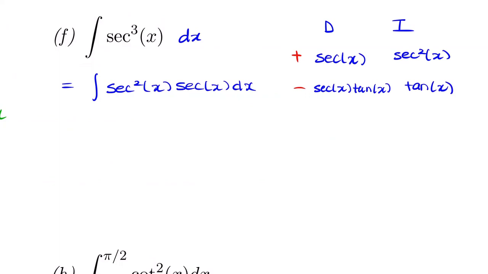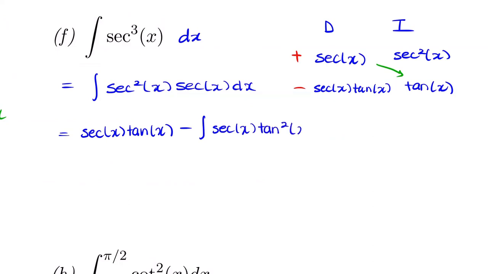First of all, I multiply the secant of x and the tan of x, and I'm going to subtract this by the integral of secant of x, tan squared of x dx.